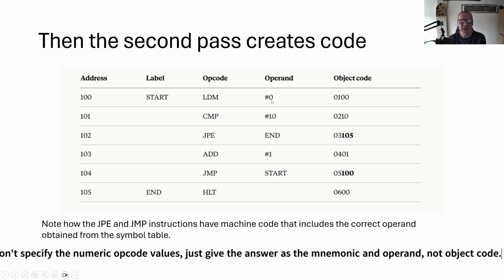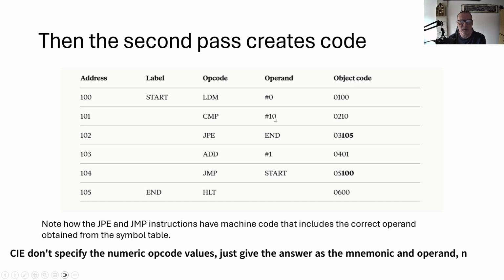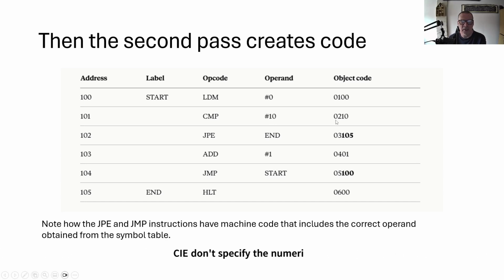Remember, actually 0 is going to be used, so they filled in 0 here in the object code. And then the compare, so this is given here the instruction opcode again of 02, and the operand is denary 10. So it's been written in like this. Obviously, this would be binary in the real machine code, but here we've just written it as denary.